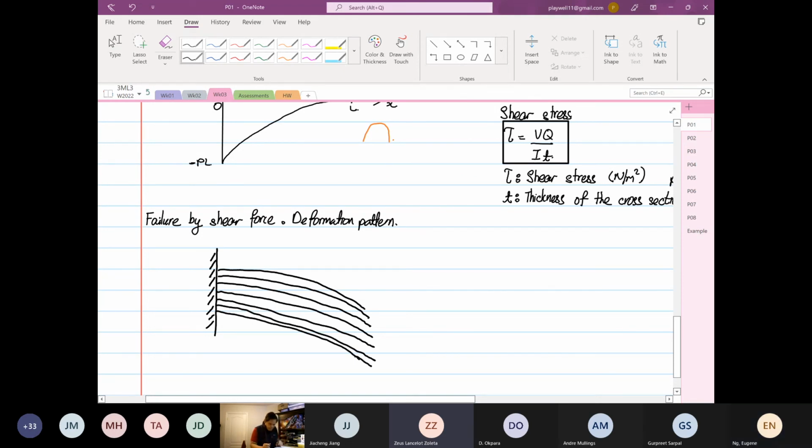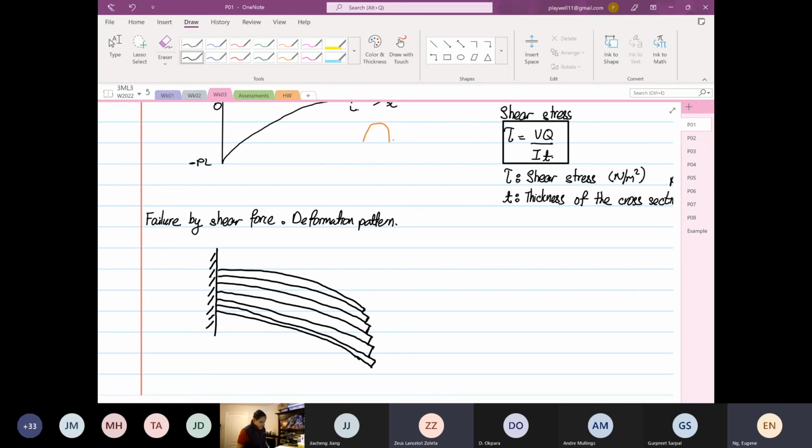At the end, they look like this. This is amplified. It's like if you have a deck of cards. You hold a deck of cards at one end and you bend it. You see this. It's exactly the same as a deck of cards.